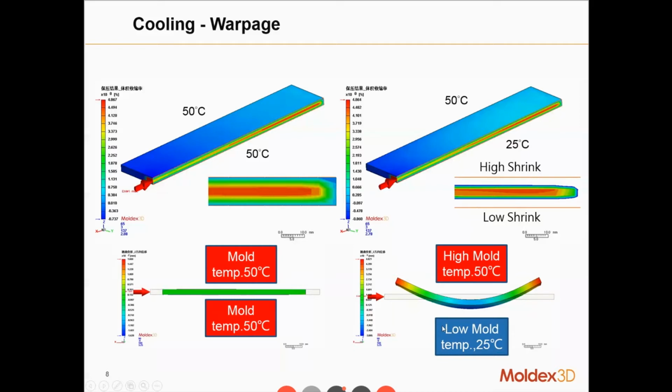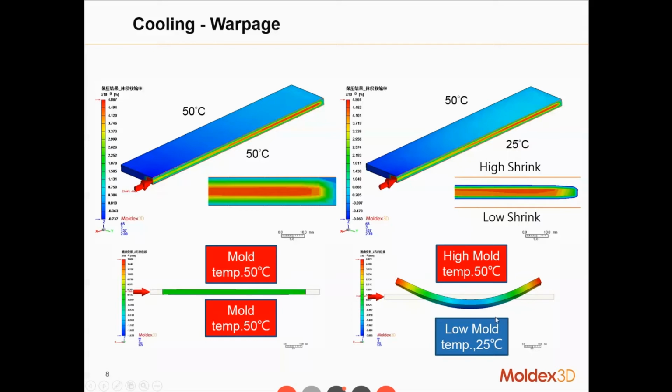On the other hand, if I set the temperature for the lower mold half to be lower, the upper part of the cavity experiences more heat, so it can shrink more.